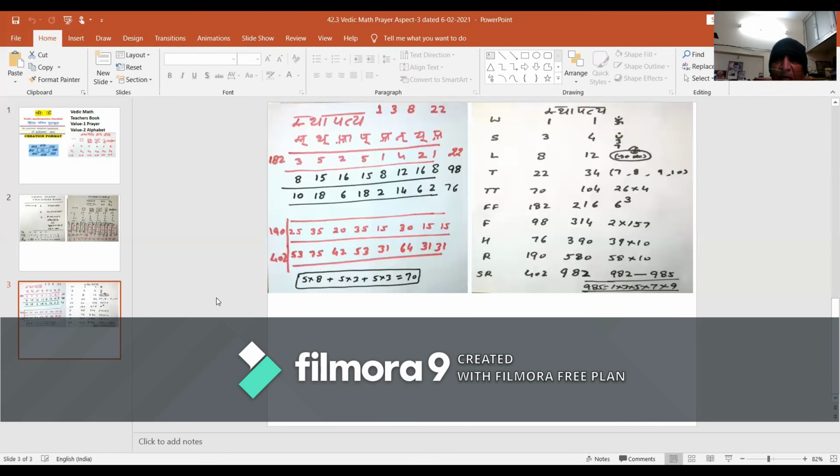The second value is alphabet. This is a Vedic alphabet compactified state. The outermost state is Devanagari Varnamala, letters alphabet. Next layer is numbers alphabet.